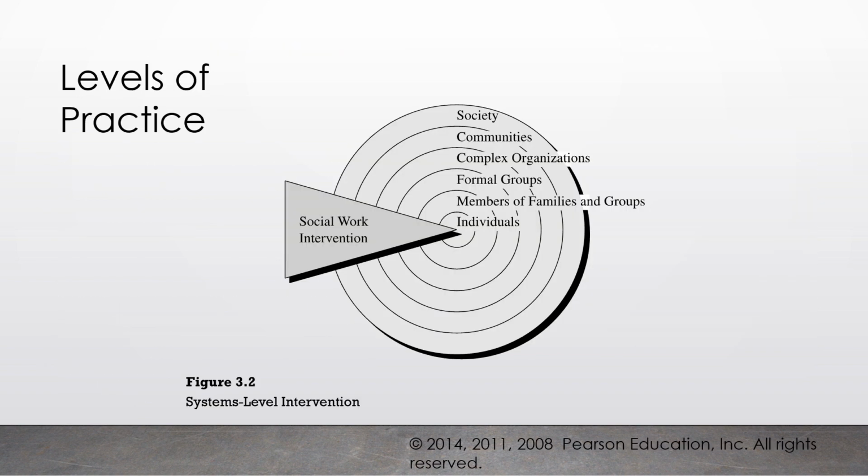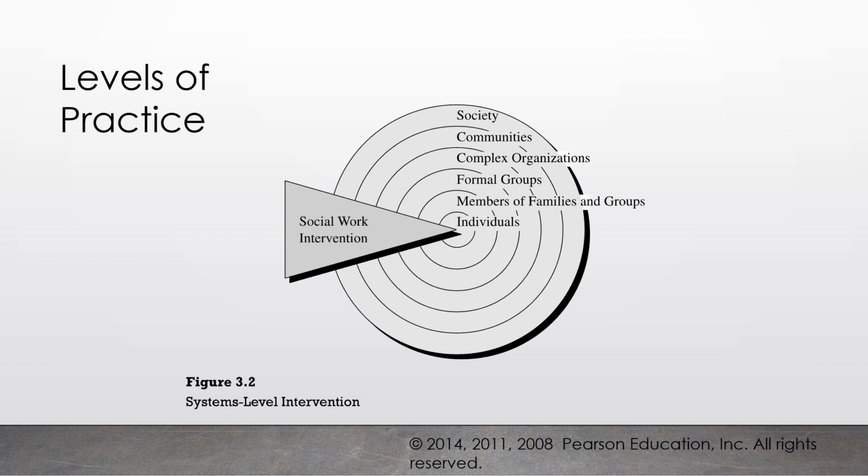Okay, now that we've talked a little bit about the ecological perspective and the systems level that we use to inform our practice, how we look at not just individuals, but their interactions with the environments and the transactions that occur, let's also look at how ecological and systems level ideas influence the structure of practice itself.